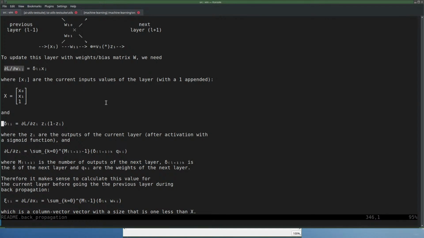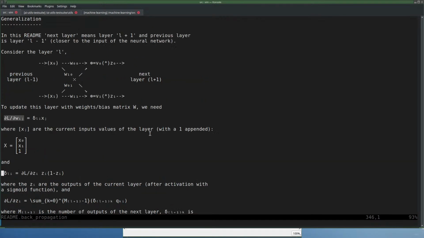And that is only true, I guess, for the last layer, or when you go backwards, the first layer. Okay, this is with one layer, that is true.